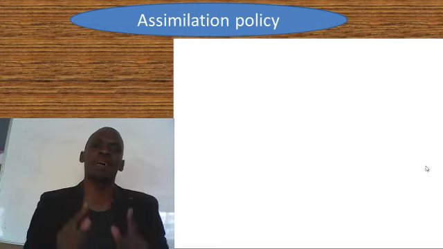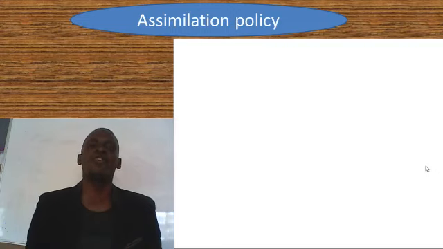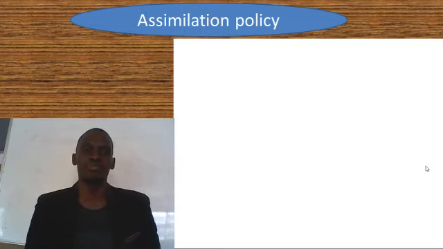Boys and girls, by the end of this lesson, you should be able, one, to give the meaning of assimilation policy. Number two, to make mention of a group of colonial masters that implemented or used assimilation policy, and where in Africa assimilation policy was practiced.